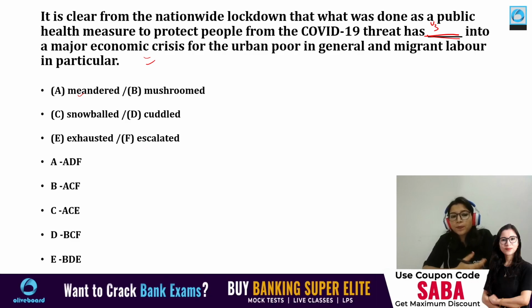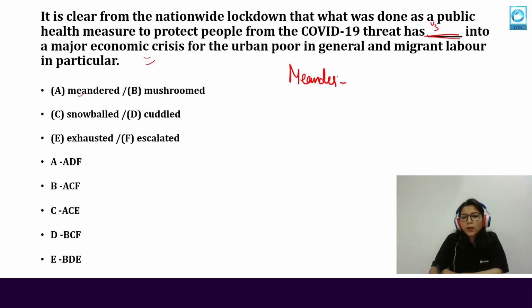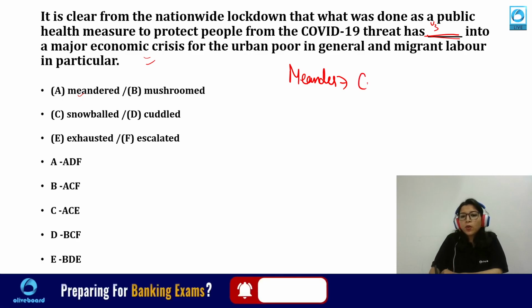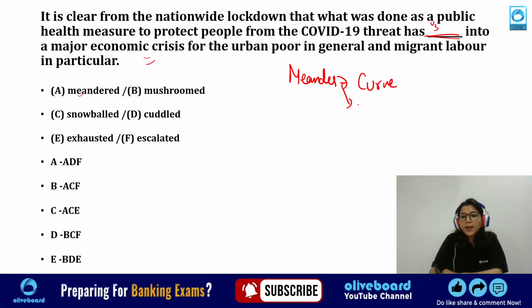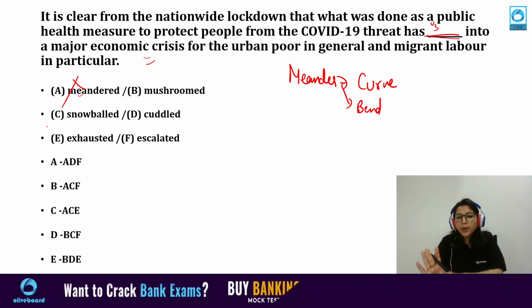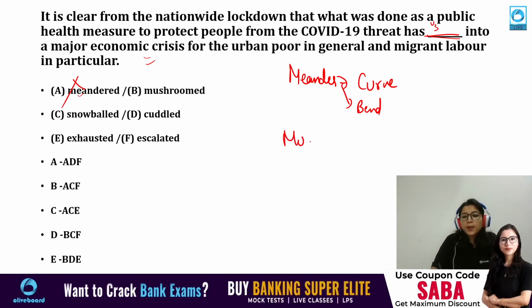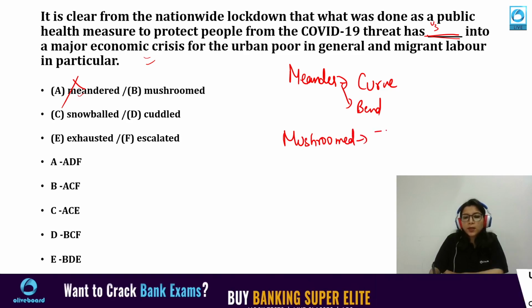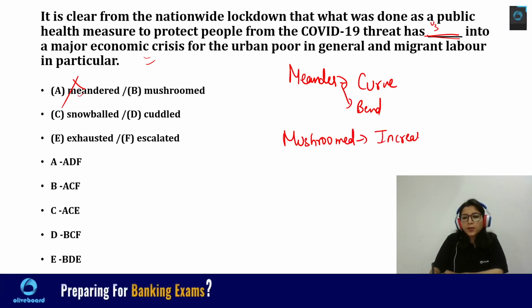Now what sense is coming here? Do you know the meaning of the word meander? Everyone must have heard meander. Meander, we call to curve, bend. Okay, so this is not making any sense. A can be eliminated. Mushroomed means increased. Now I'm telling you the meaning, you have to guess. Increased.